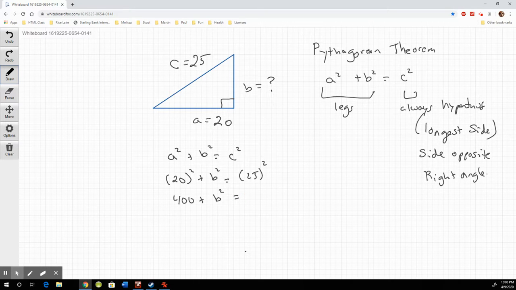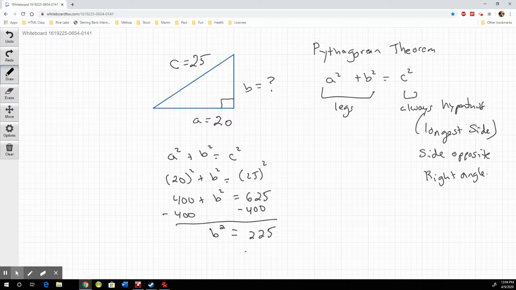is 625. So once again, I need to get this b squared by itself before I can keep solving it. So I'm going to subtract 400 from each side, and that leaves me with just b squared on this side and 225 over here.